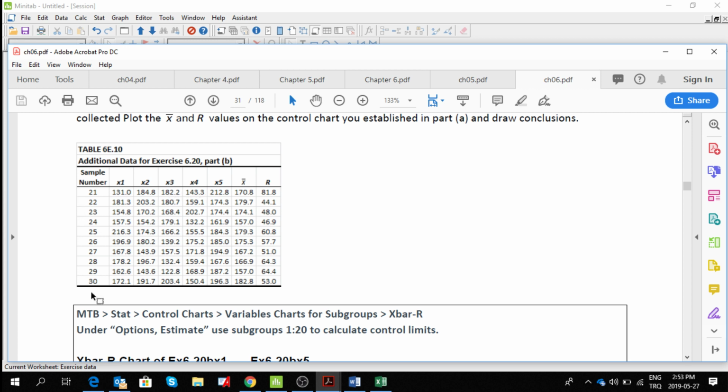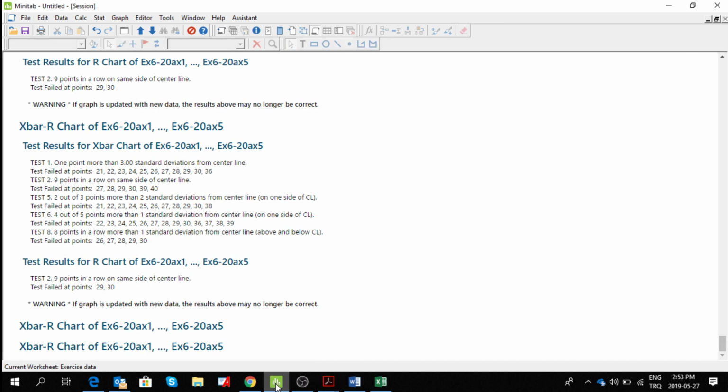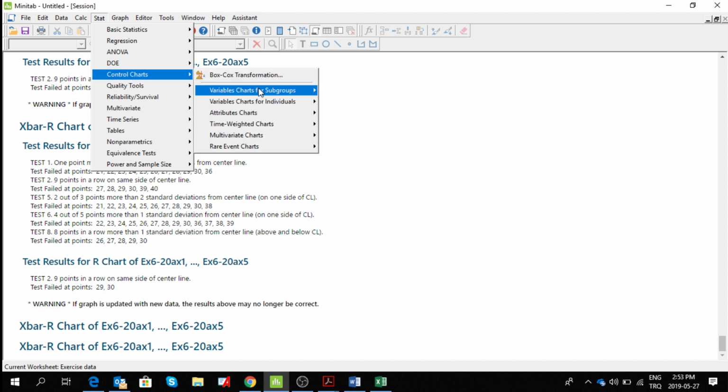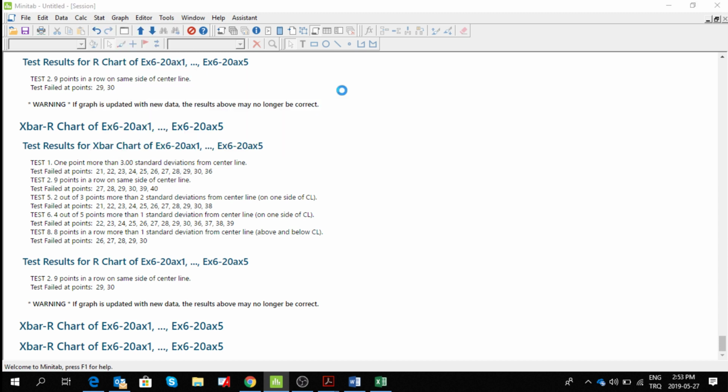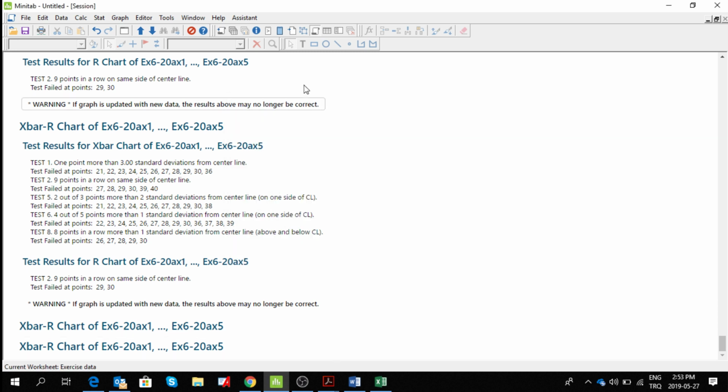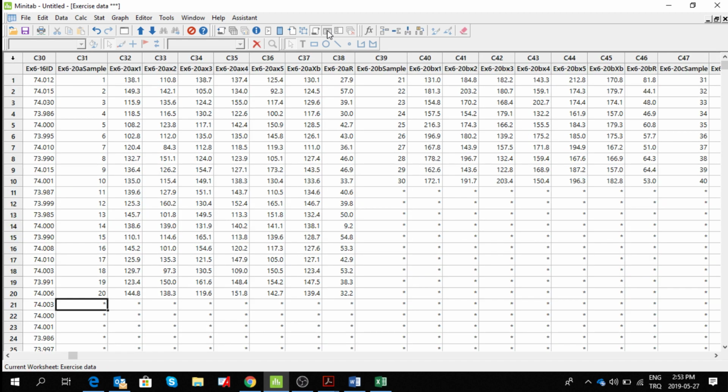We have 10 new data sets. So what do we do? We are going to go to stat, control charts again, X bar R. But before we do, we need to do something with our data set. So I'm going to open up the data set from here. Let's look at our next set of data.